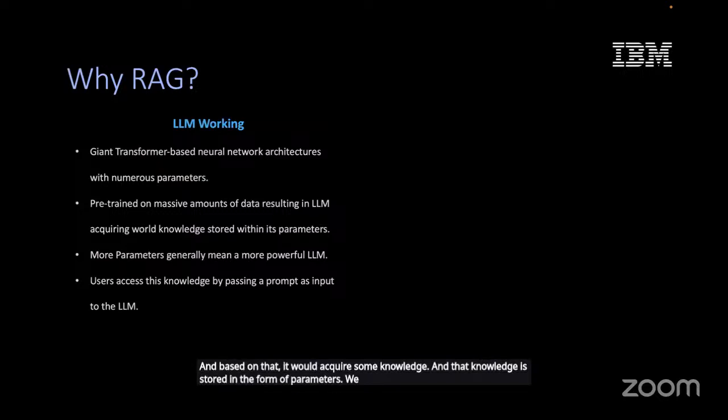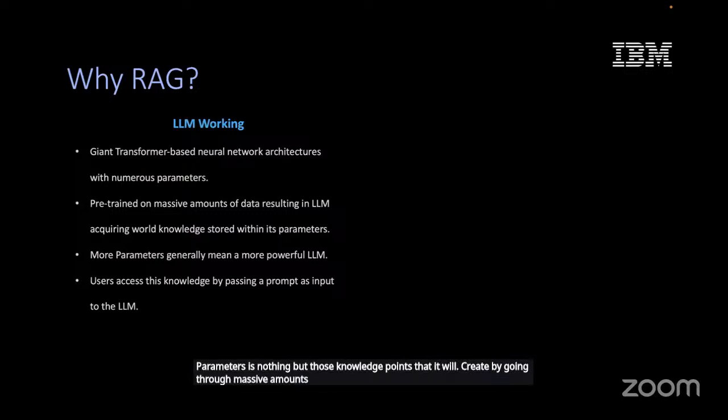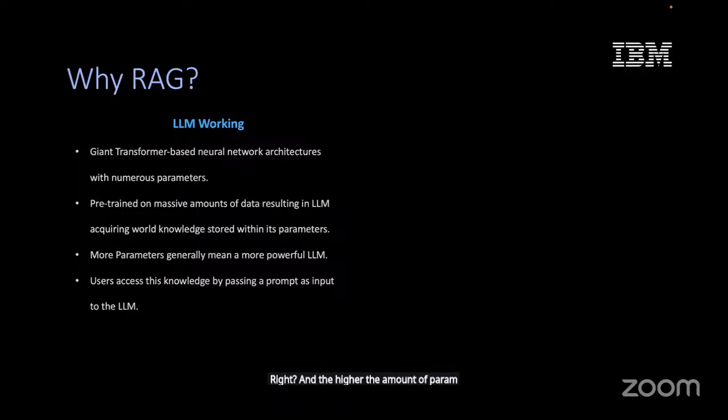We hear that ChatGPT or Llama is trained on 70 billion parameters. Parameters are nothing but those knowledge points that it will create by going through massive amounts of information, right? And the higher the amount of parameters that the LLM has, the more confident and the more responsive the LLM is in terms of answering all the questions that are available.